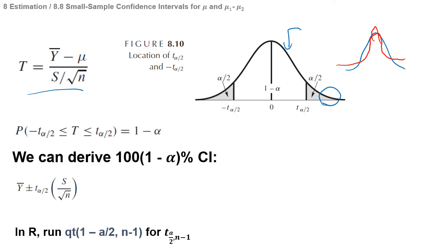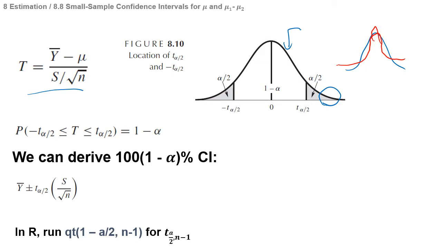Probably my drawing is not very good, but you can check the relationship between t and normal distribution by googling it. What I'd like to emphasize is that the t distribution has a little fatter tail, and the derivation is the same.